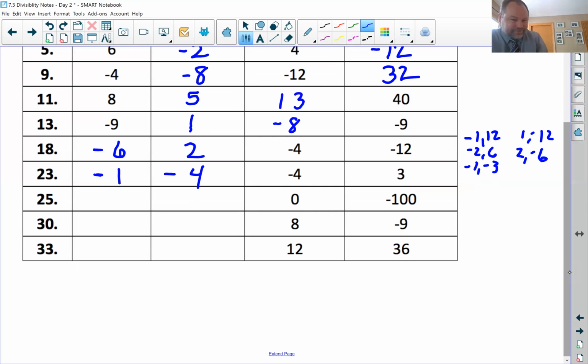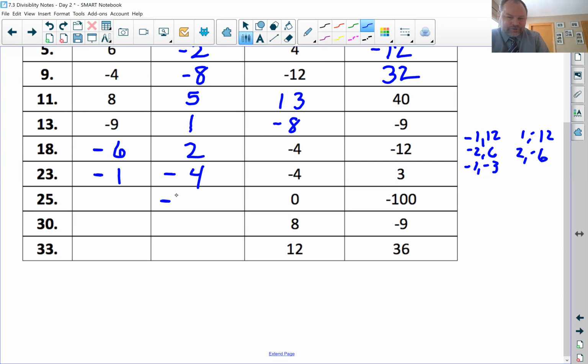The next example, they multiply to -100 and add to 0. So the only way two numbers can add to 0 is if they are exactly the opposite. So I am going to have a negative and a positive.